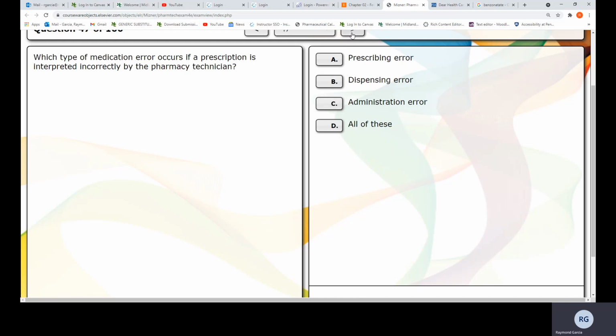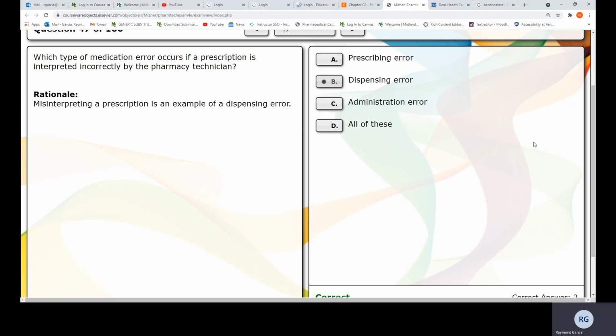Which type of medication error occurs if the prescription is interpreted incorrectly by the pharmacy technician? Prescribing error, dispensing error, administration error, or all of these above? Y'all are correct.